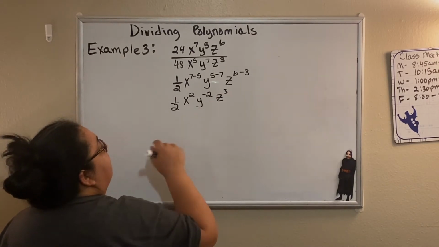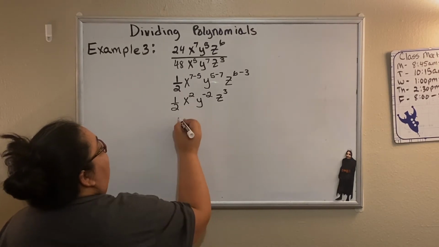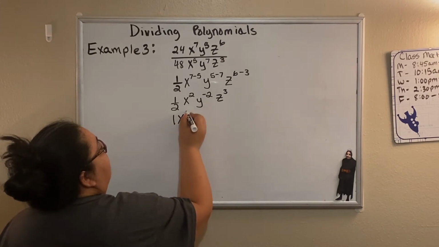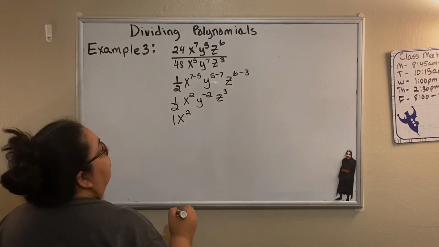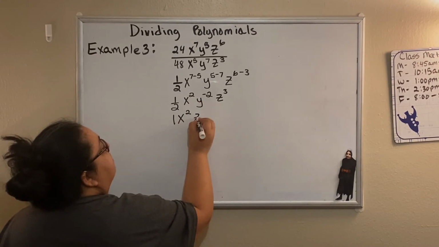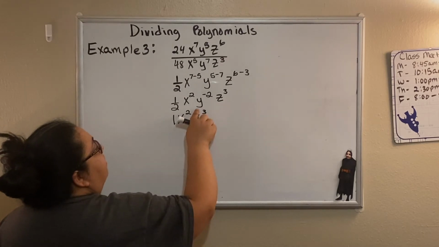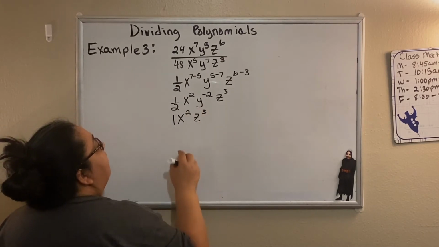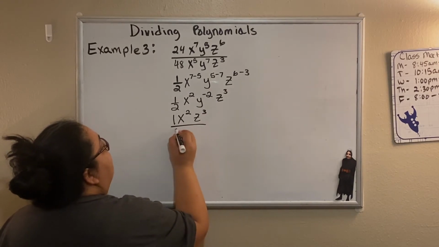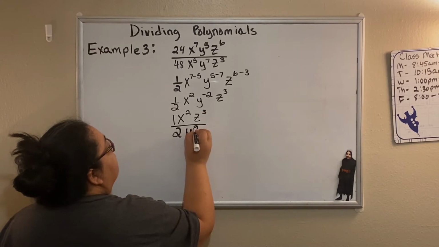I need to rewrite this, and I'm going to rewrite it as a fraction. So I'm going to say 1 in the numerator times x squared. That's a positive exponent. And then I'm going to write z to the 3rd next. Okay? And then the y to the 2nd, since it's a negative exponent, that is actually going to go down to the denominator. So we're going to write 2 here, and then y to the 2nd.